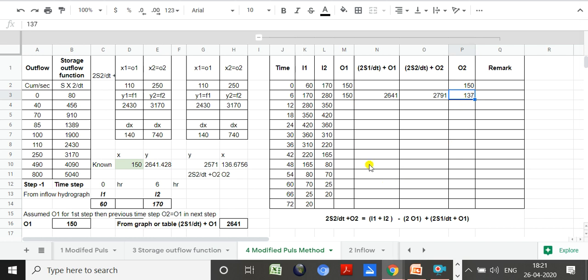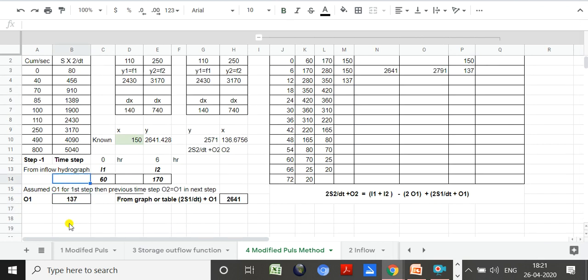Now for the second step, what is our second step? The value of O2 in the previous step becomes O1 in the current step. So for the current step, O1 equals 137.